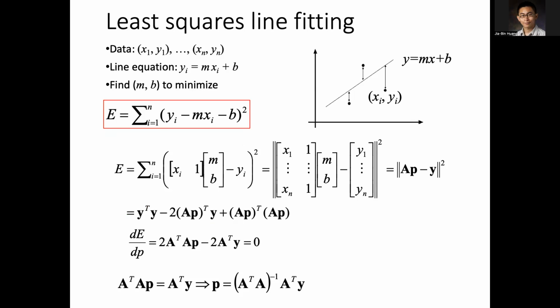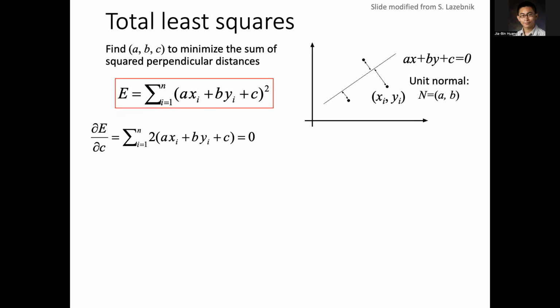So instead of measuring the vertical distance from point to line, we change the objective function to measure the closest distance from the point to the line. This is called total least squares. Again, you can represent the line equation as ax plus by plus c, which is any line equation, and you measure the distance between the point and the line with this.